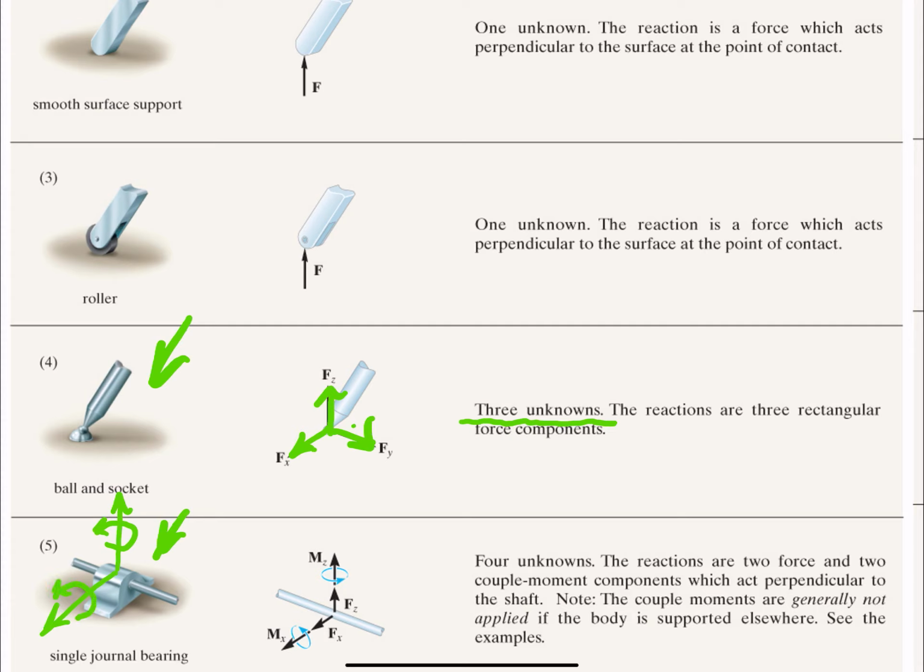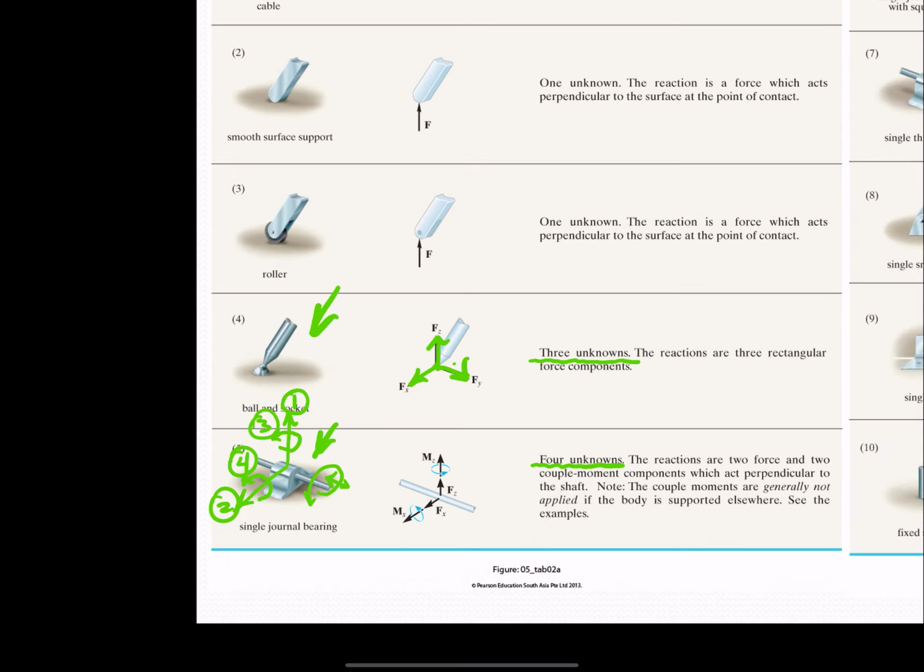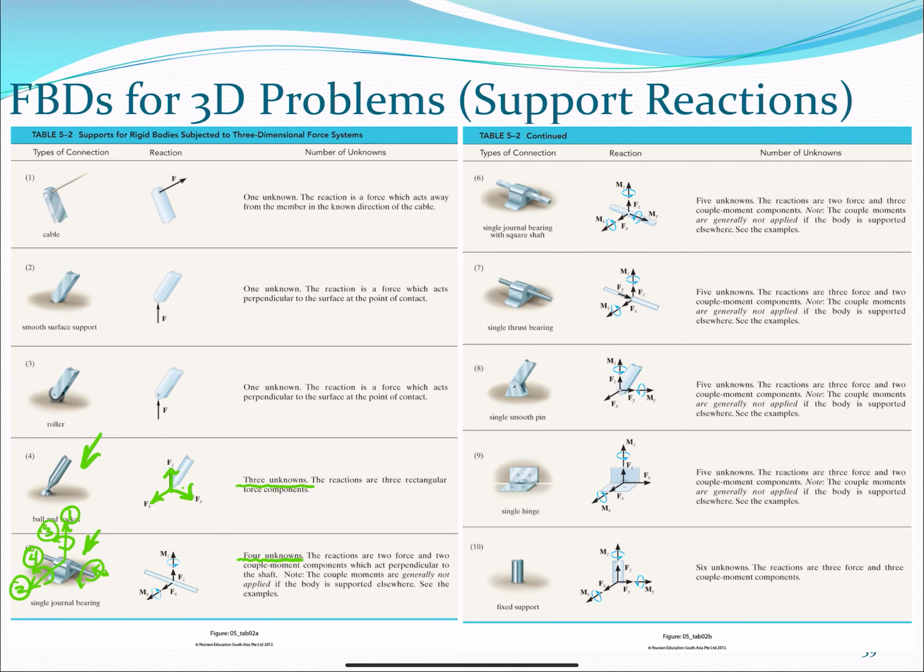So that is 4 reactions. But this rod can slide left and right, back and forth, so there is no reaction there. And this rod can actually rotate. So these 2 are permitted. But these translations, 1 and 2, and these rotations, 3 and 4, are our reactions. So that's why it says 4 unknown reactions.